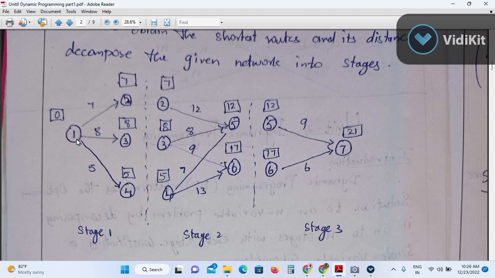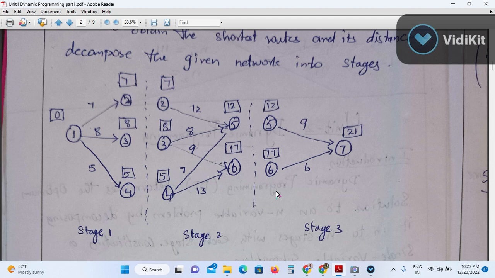So I am starting from 1. If you consider 2, 3, 4, you can reach them from 1 only, so I consider that as stage 1. Again, to reach 5 and 6, there are possibilities: you can move from 2, or from 3, and if you go for 6, you can move from 3 or 4.